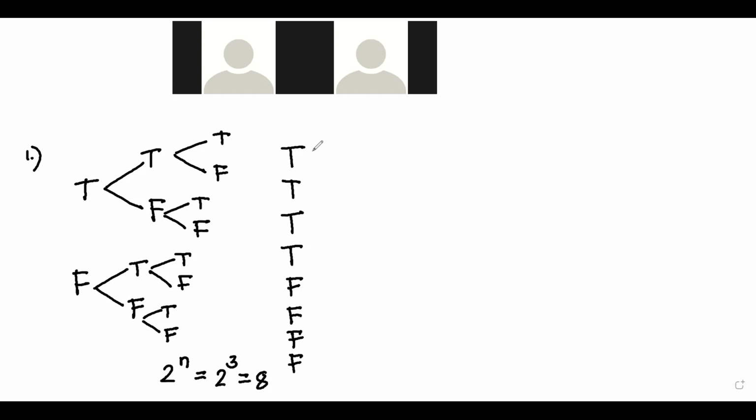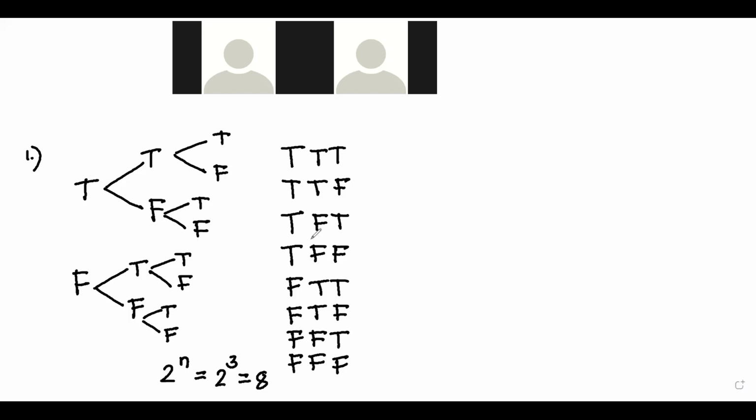Then dalawang true, dalawang false, dalawang true, dalawang false. And alternate: true, false, true, false, true, false, true, false. Or ito yan: TTT, TTF, TFT, TFF, FTT, FTF, FFT, FFF.